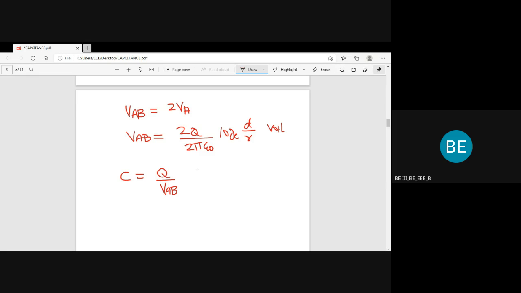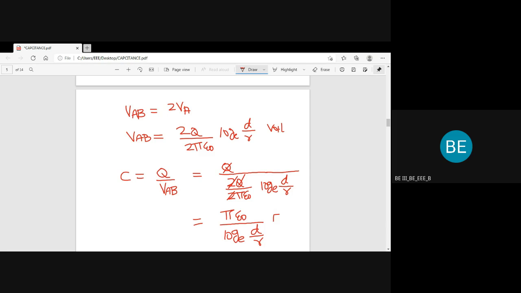We know VAB, so q divided by 2q over 2 pi sigma naught logarithm of d by r. This q and q will cancel each other. The pi and sigma naught will go to the numerator. So pi sigma naught divided by logarithm of d by r.